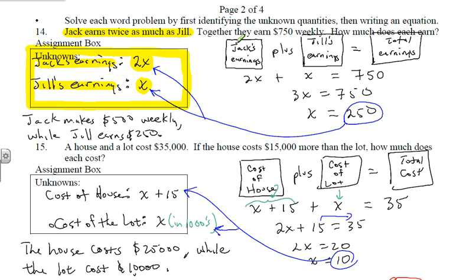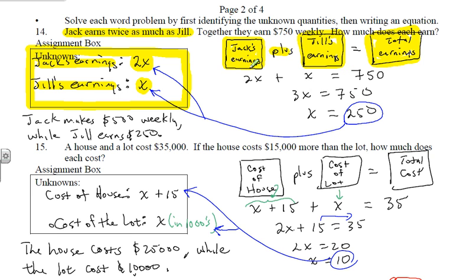So if I were to take the amount of money that Jack makes by himself, add to that the amount of money that Jill makes by herself, that should give me their total earnings for the week.